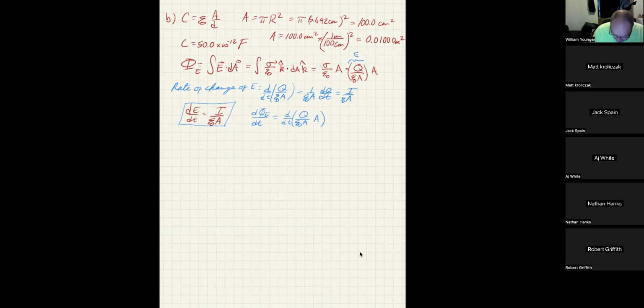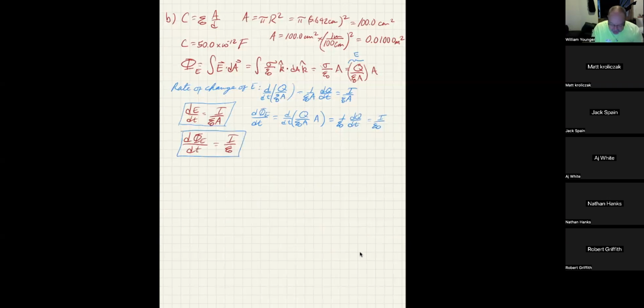So in this case, the A's cancel out, and I just get 1 over epsilon 0 dq dt. So this is just I over epsilon 0. So d phi E over dt is equal to I over epsilon 0. And of course, we need to figure out what that I is.